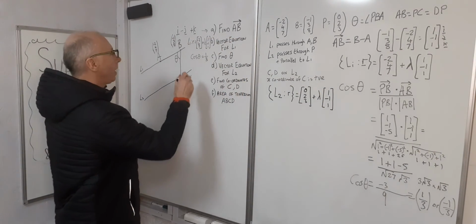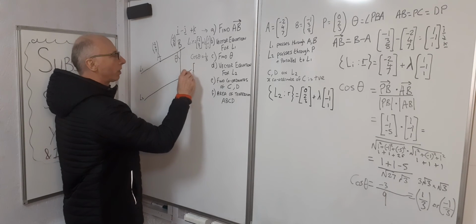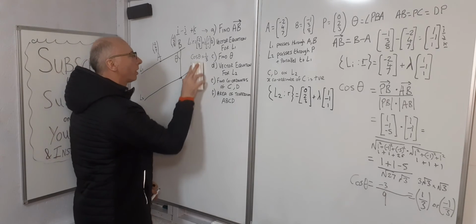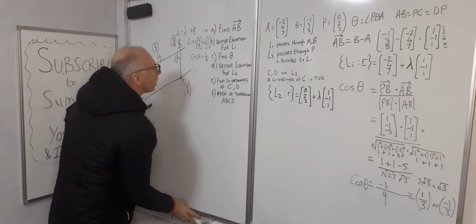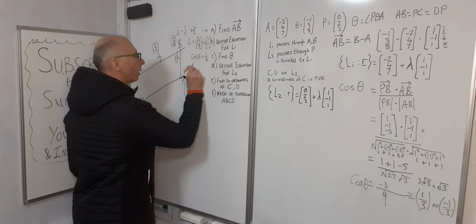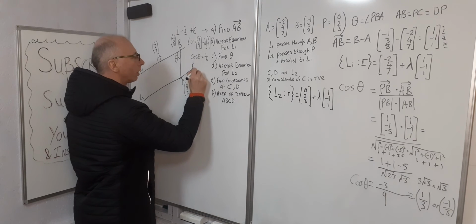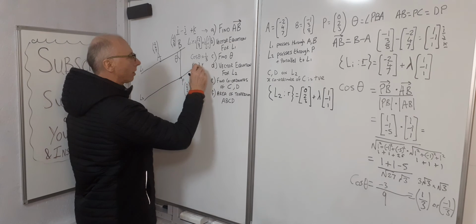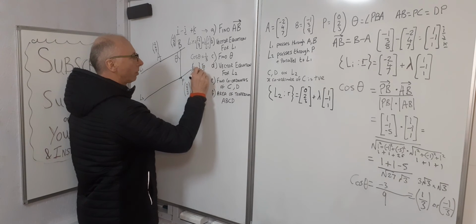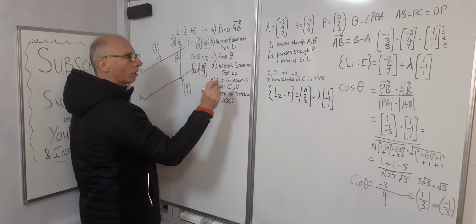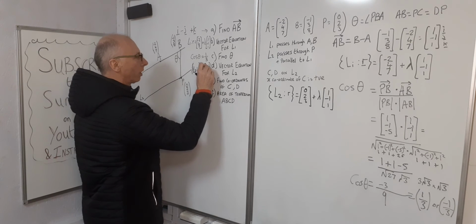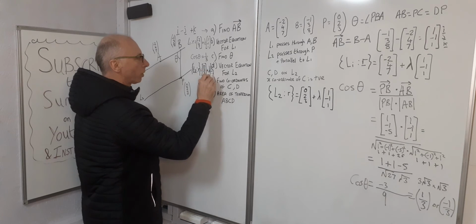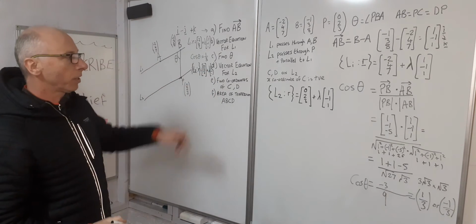So let's just write that in: L2, r is 0, 2, 3 plus lambda, 1, minus 1 and 1. I'll just squeeze that in there, somehow. Okay, so we can see the answer.